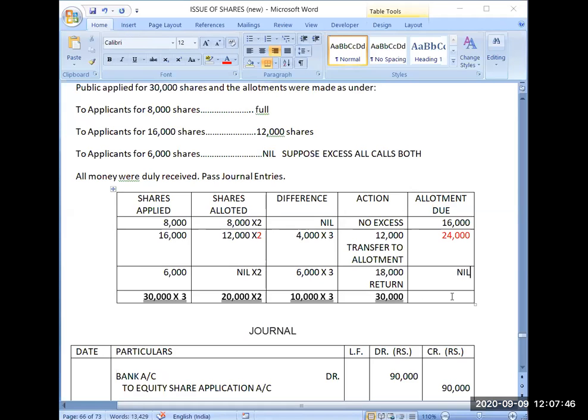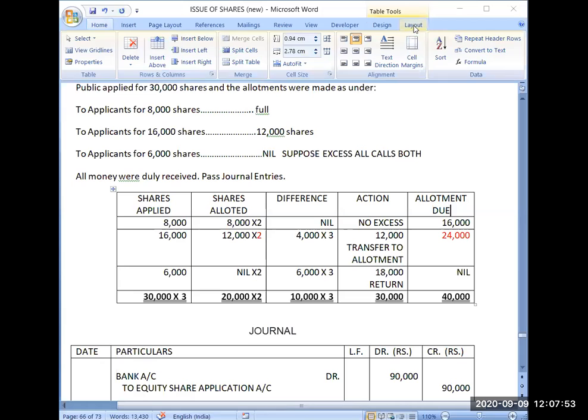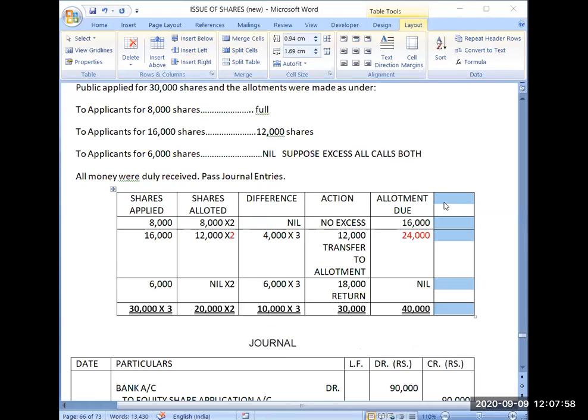So now take the total here. How much total is there? 40,000. Now how much will I receive? If I am asking them 16,000 to pay, 16,000 they will pay. The question has not told us that they have not paid us money.